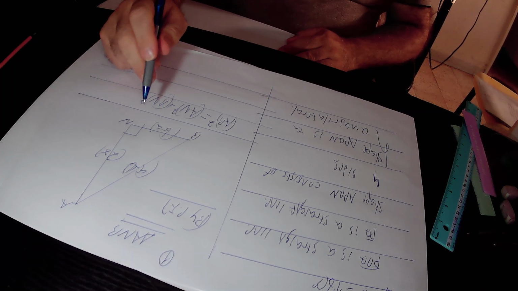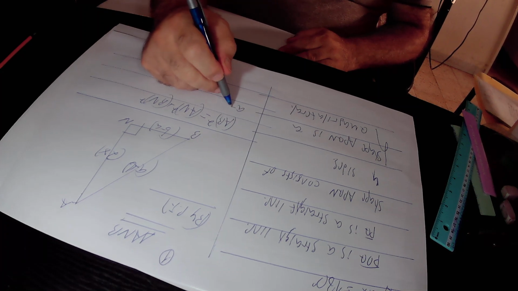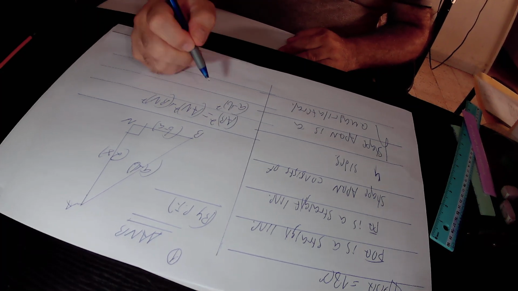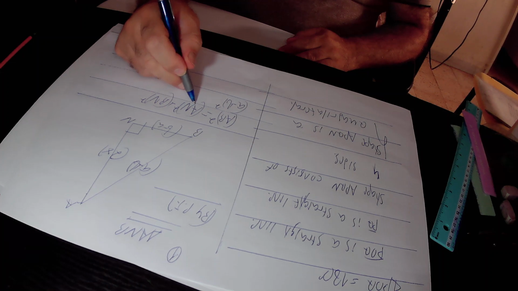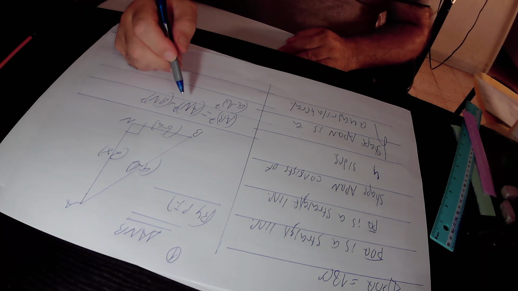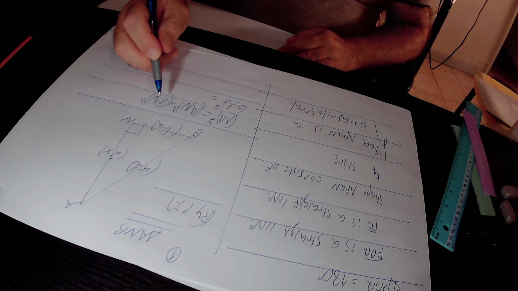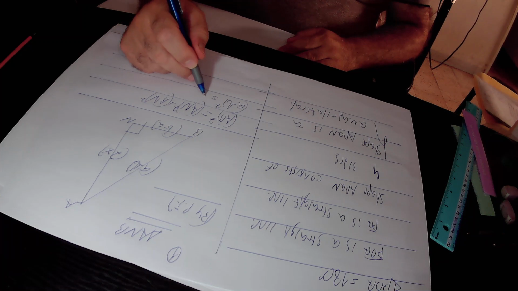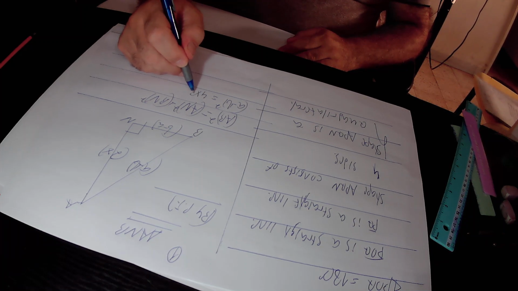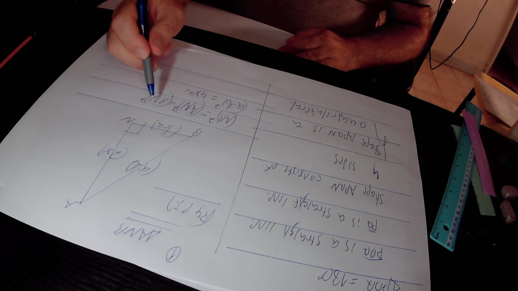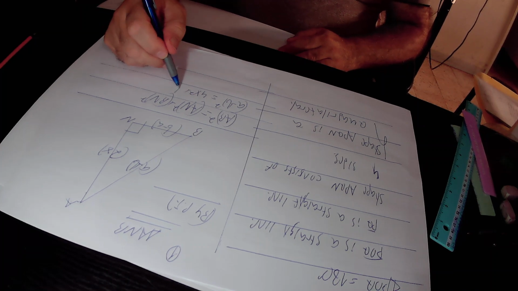AB is a plus b, therefore AB squared is (a plus b) squared, and it is equal to AN squared. AN is 2x, therefore AN squared is (2x) squared, which is 4x squared, plus BN squared. BN is b minus a, therefore BN squared is (b minus a) squared.